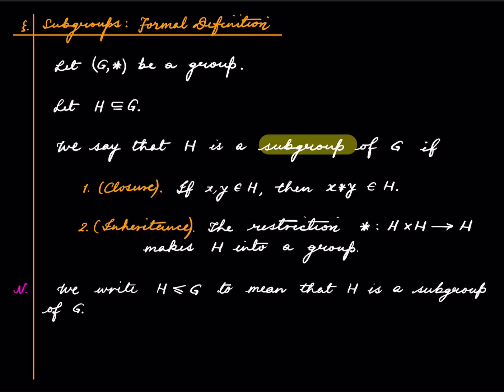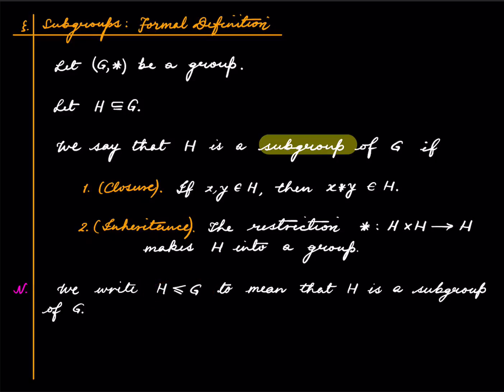So this is the definition of a subgroup. It should be closed under multiplication, and the restriction of the binary operation to H cross H should make H into a group. Notationally, we denote this by the symbol H less than or equal to G, which means that H is a subgroup of G.